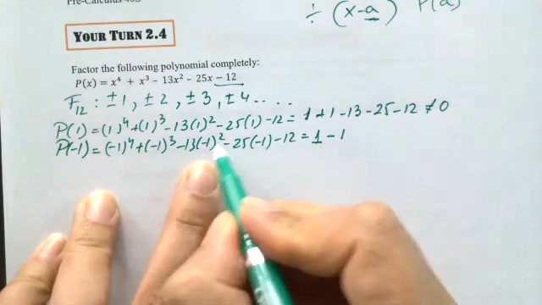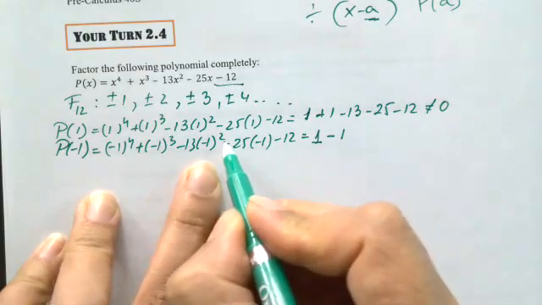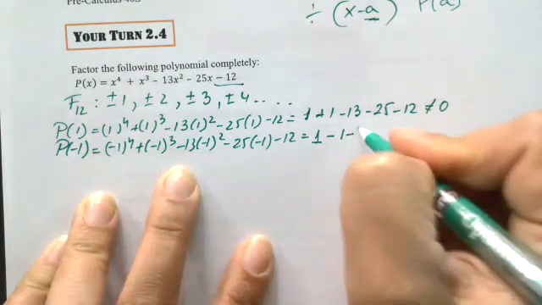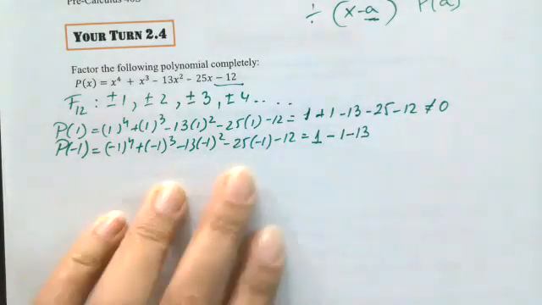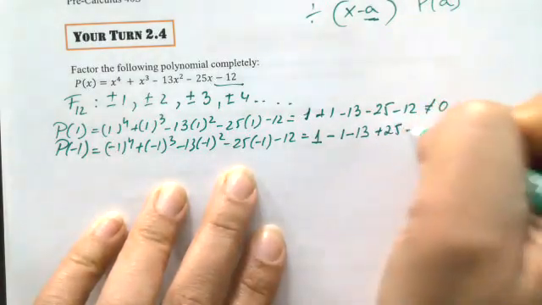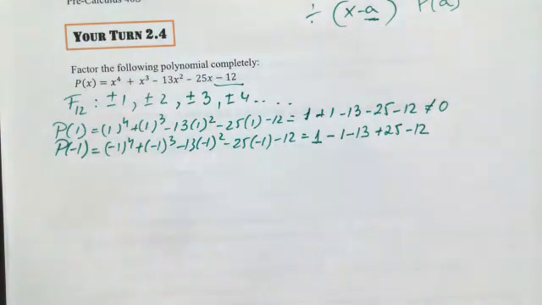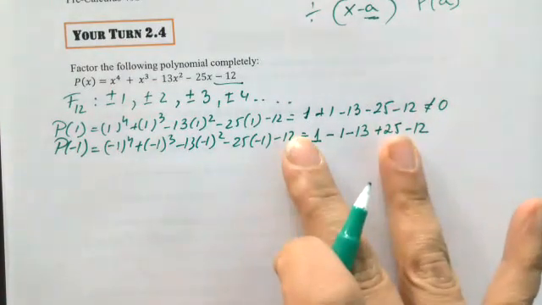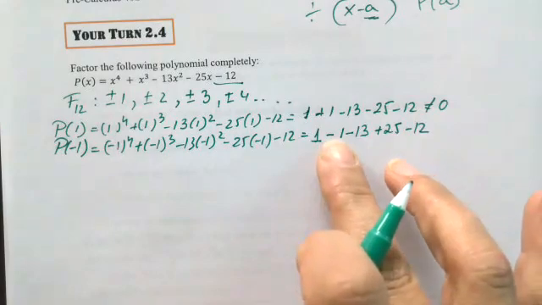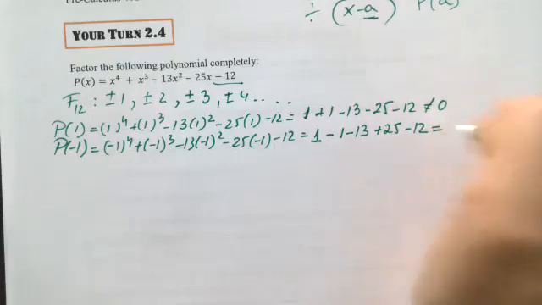So -1 squared has to be done first. That's +1 times -13. It's going to give me a -13. -1 times -25 is +25, minus 12. Now I see 26 for the positive, -25, -1. That looks like I have a factor here, right? The first one equals 0.